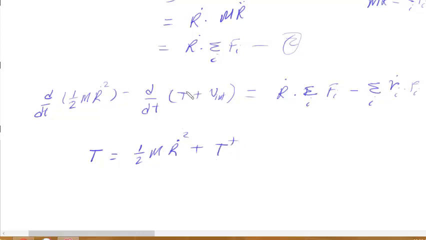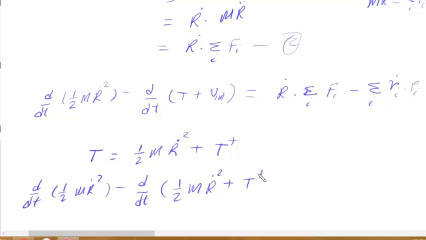Then we put here d/dt of 1/2 M Ṙ² plus T plus the internal potential energy is equal to this.